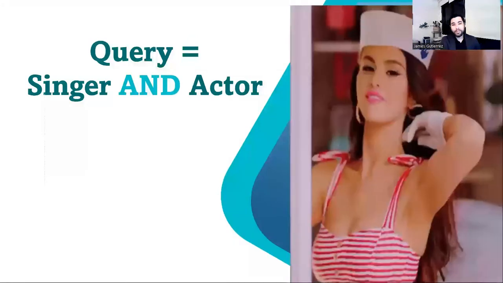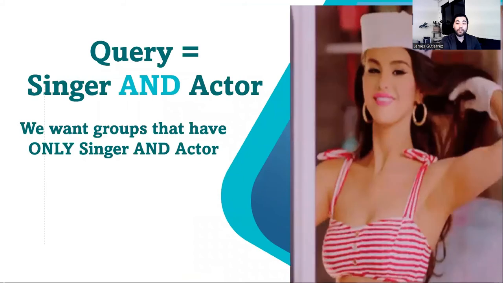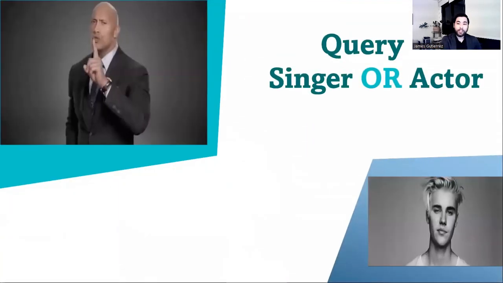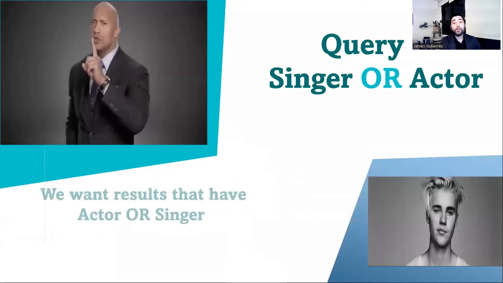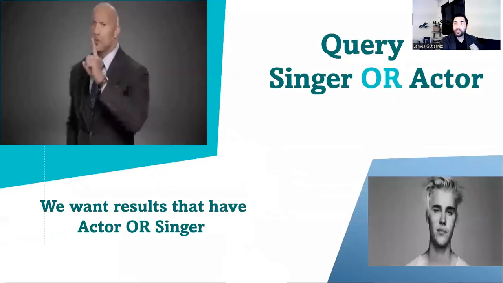So, going back over here, if the query is singer and actor, that means we only want groups that have both singers and actors. Similarly, if we use the query singer or actor, we're looking for a wider group. We want results that have actors or singers. As long as one of those criteria are ticked off, think of it like a checkbox, just need one, then they will appear in our search.